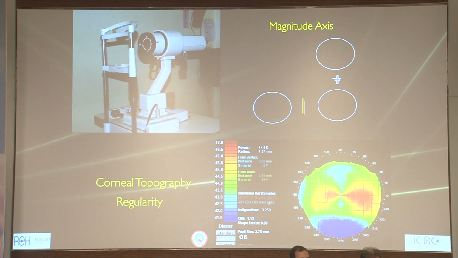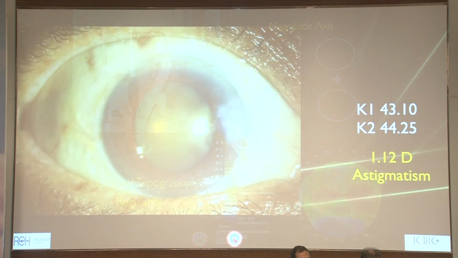So what we would ideally do is a manual keratometry ourselves, in addition to a topography, to find out if there's regularity and see if there is a good bow tie appearance. Now in this case, this patient had 1 diopter of astigmatism, not a very large amount.